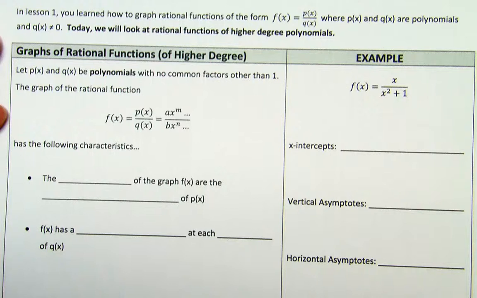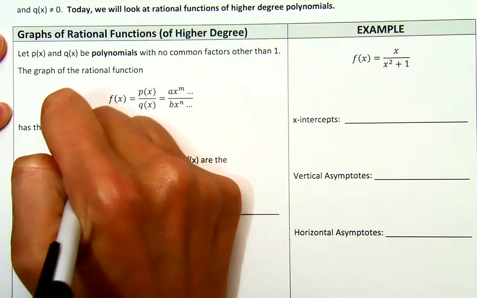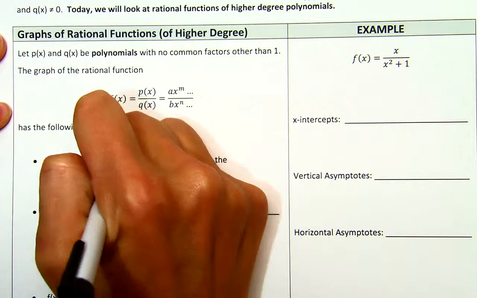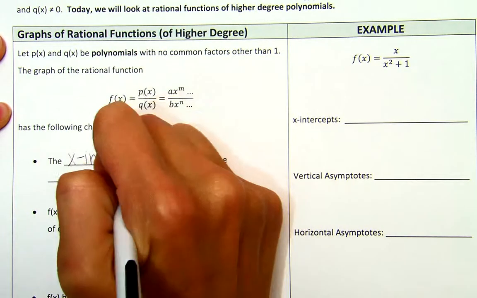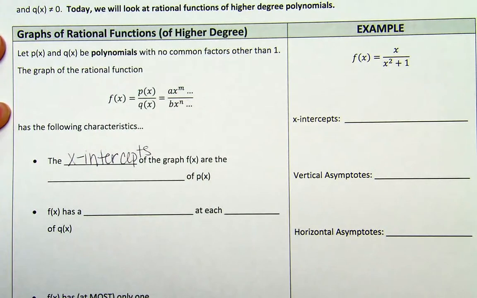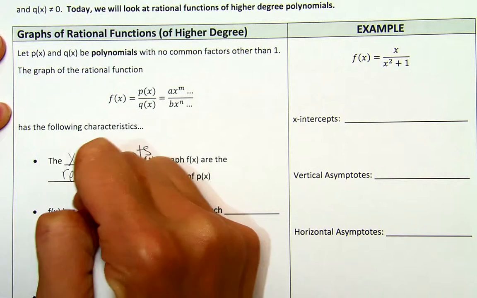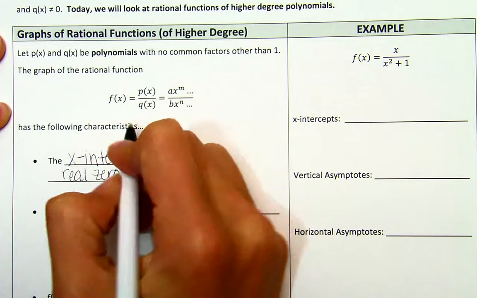The first is your x-intercepts. As we start graphing, your x-intercepts, which we remember as where your graph crosses your x-axis, can be found by finding your numerator's real zeros.